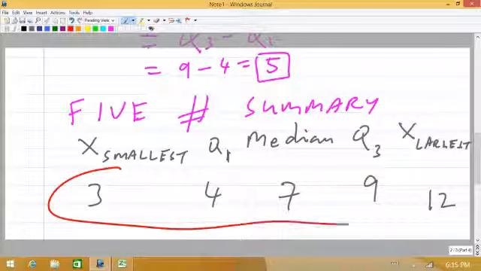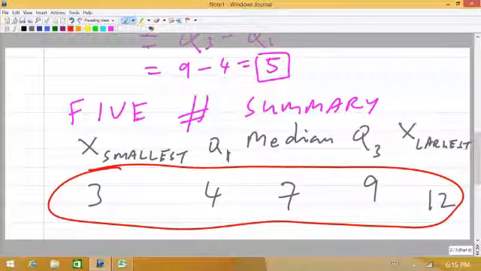So this is what we call the 5-number summary: smallest, Q1, median, third quartile, and then the largest.